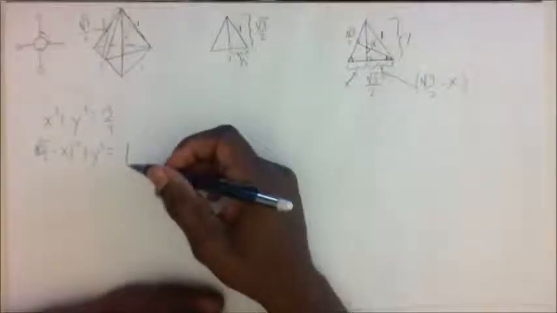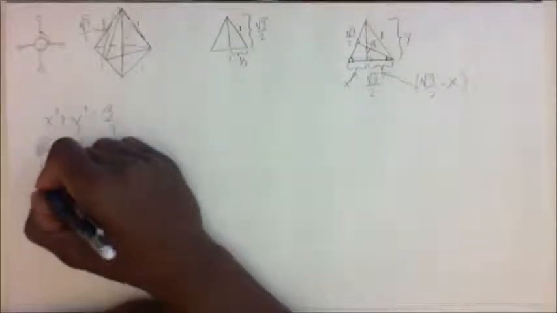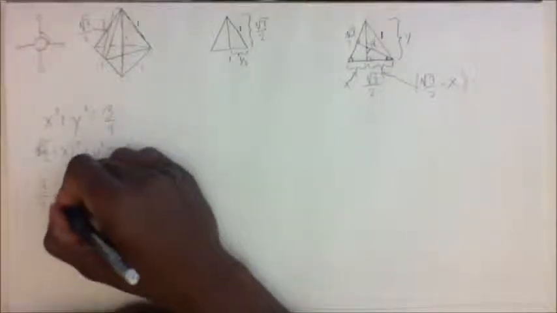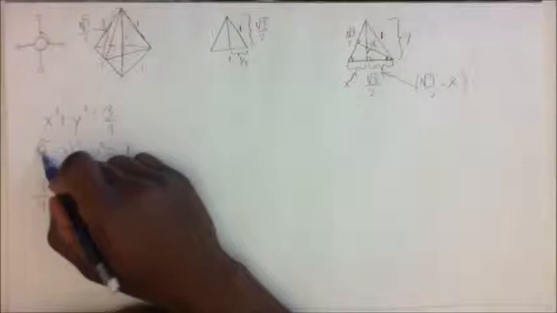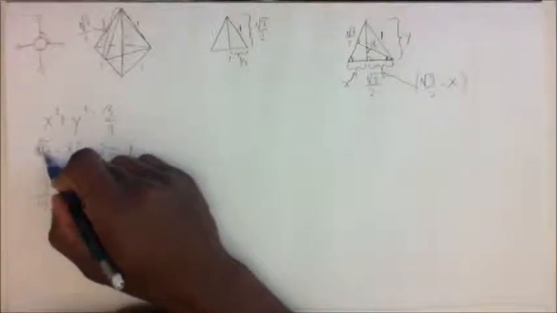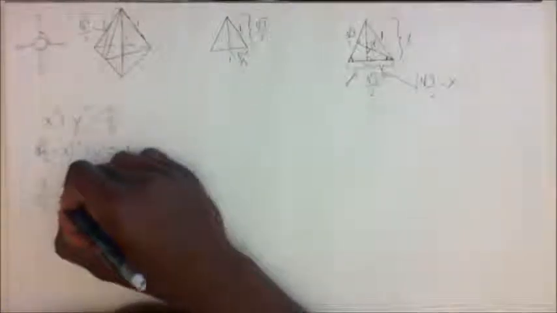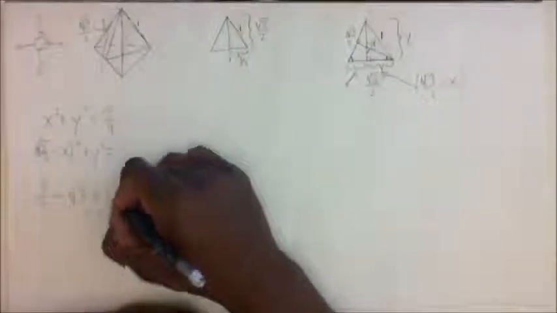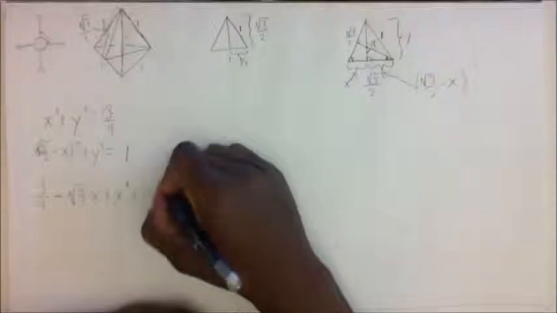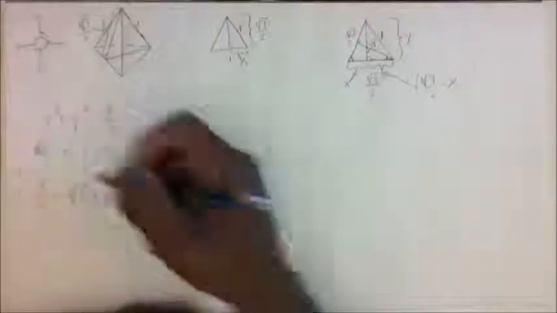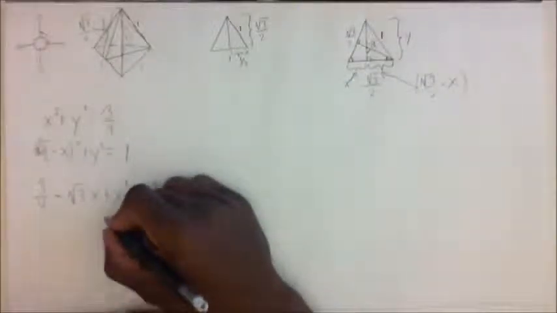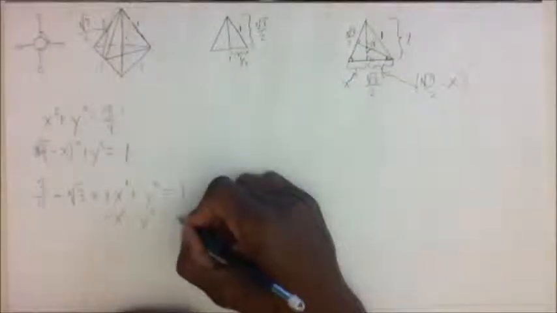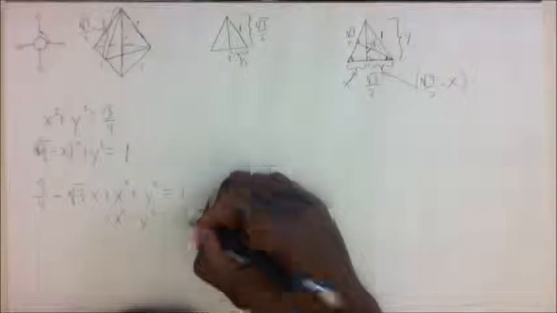Expanding, we get 3/4, minus, well, 2 times this is just the square root of 3 times negative x, so minus the square root of 3 times x, plus x squared plus y squared is equal to 1. Subtracting the first equation from the second, which is minus x squared minus y squared equals minus 3/4.